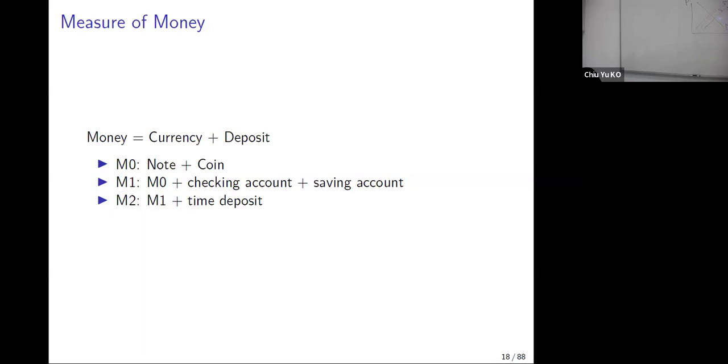This money supply would affect the interest rate, and the interest rate would affect how firms are investing in the future. Interest rate is today's money versus tomorrow's money. Whether you do investment, you look at this interest rate. That's how the central bank adjusts this.